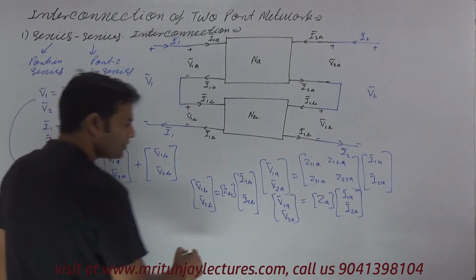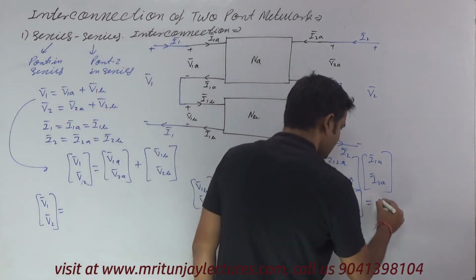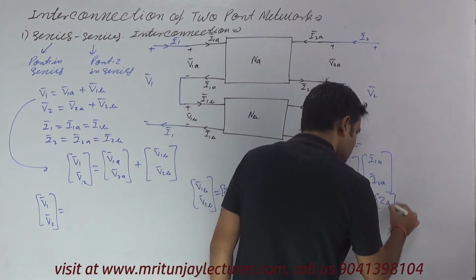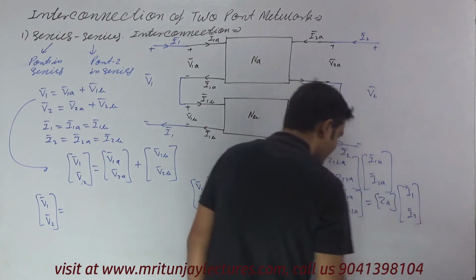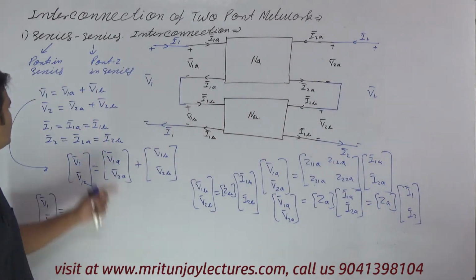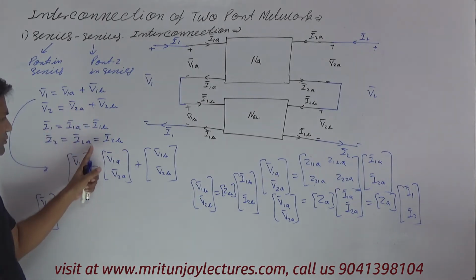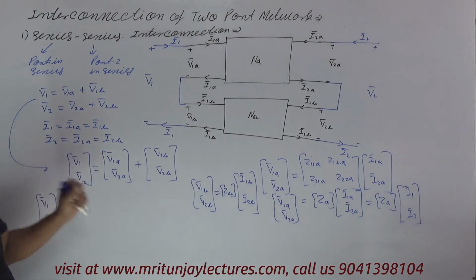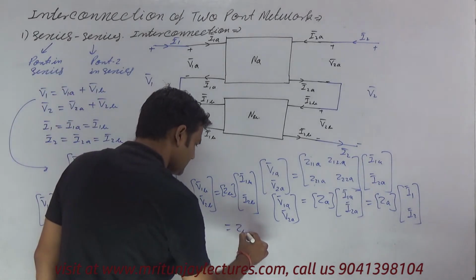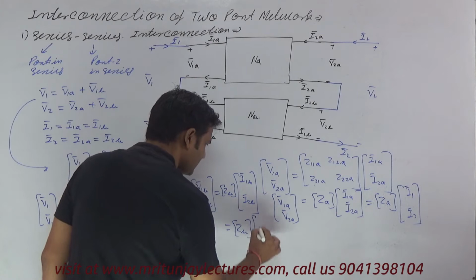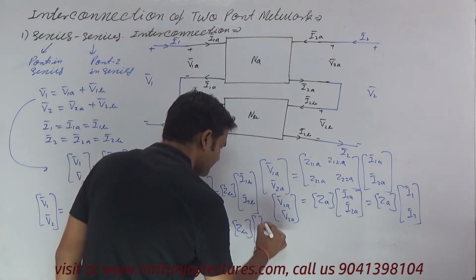Okay, so similarly also here ZA is I1 and here I2, because I1A is equal to I1, I2A is equal to I2, that's why. And here also ZB written corresponding to I1 and I2.